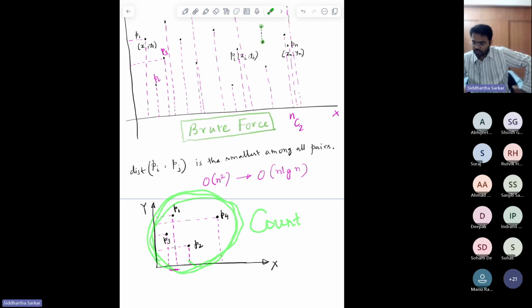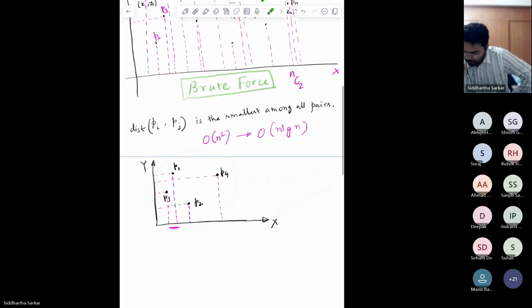Do you get a sense of it? Nobody's getting a sense of it. Then I'll draw the counterexample and then we will move forward. Okay, let's draw the counterexample. Since we're not sure whether this approach will work, we have to either summarily reject it or say why it works.